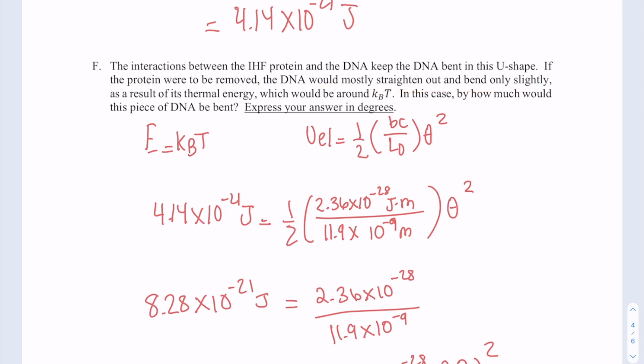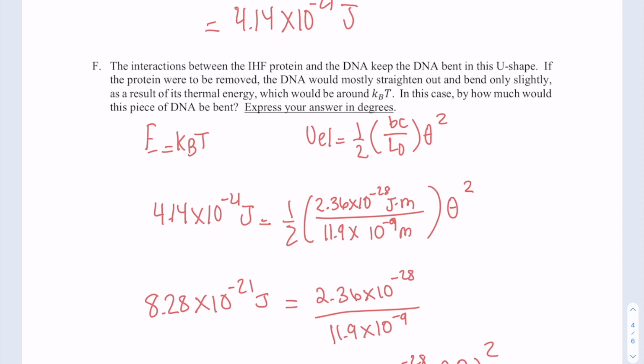And the energy at which that bending would occur would be kBT. So the energy, kBT, to provide the bending is also equal to the elastic potential energy, because elastic potential energy is the bending energy. So if the bending energy is kBT, then the elastic potential energy is kBT.